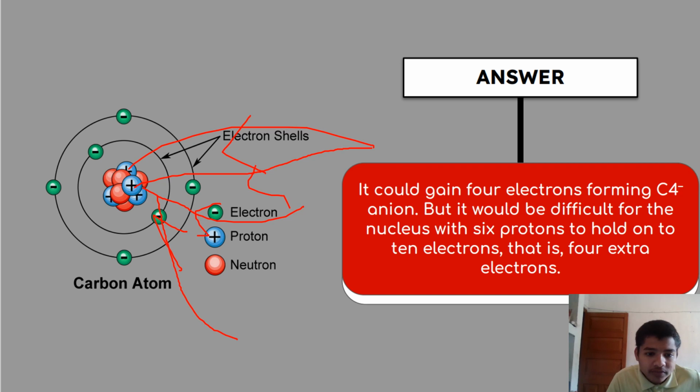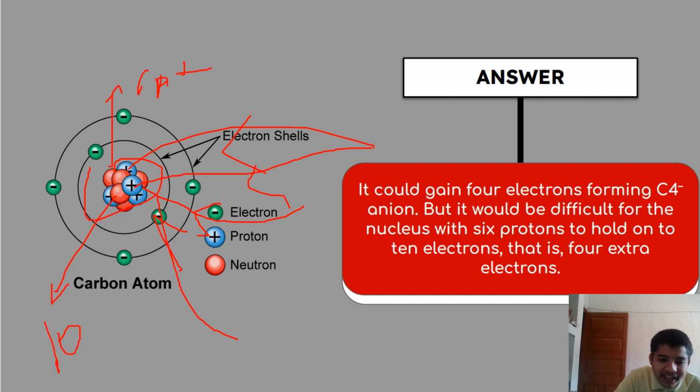Nucleus has how many protons? 6 protons, right? So the nucleus with 6 protons would have to hold on to 10 electrons. See, it has 6 protons, and if 4 more electrons are gained, it will be difficult for the nucleus to hold how many electrons? 10 electrons.